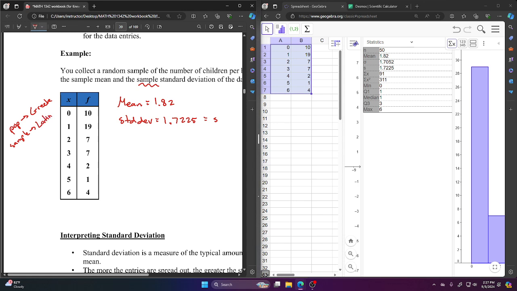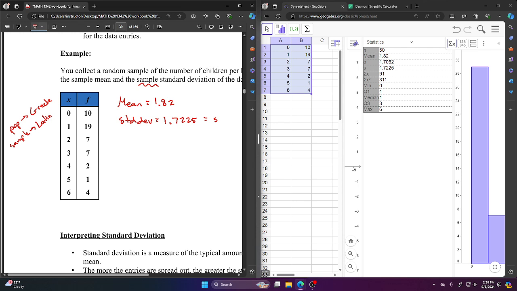So if you see like a little s or something like that, and again, n, those kind of things, that's sample stuff. Population would be Greek letters. And so you see the sigma, and sometimes they have like mu, which we haven't really seen yet much. Just as a side note, okay?